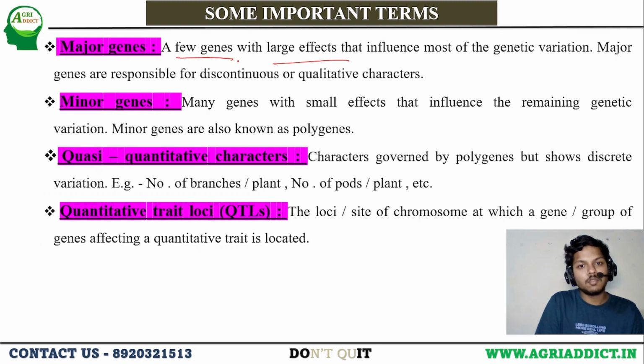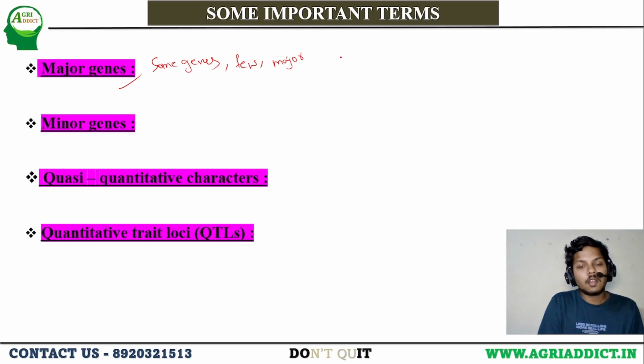You can see few genes with large effect that influence most of the genetic variation. For suppose, qualitative characters, like color of the seed, is controlled by only a few genes, like 1 or 2. Then only these 2 genes are producing some major change. So these we call major genes.